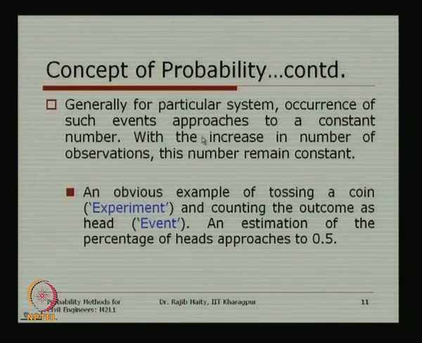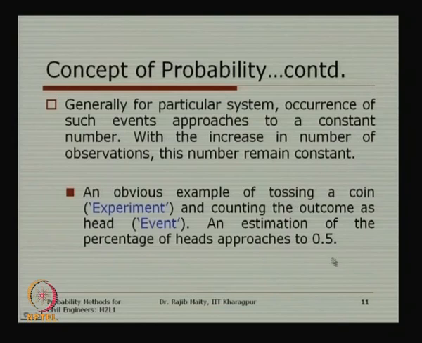If I follow this approach, the occurrence of such a particular event approaches a constant number, and from our day-to-day experience we can say that this number for this particular experiment will approach 0.5.